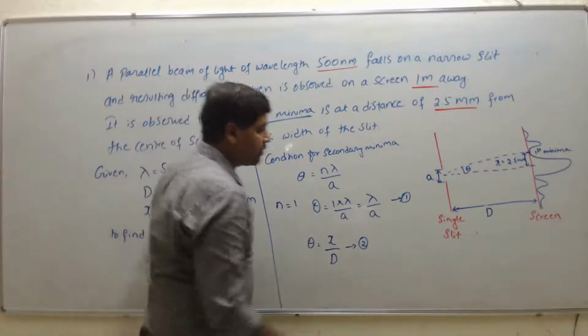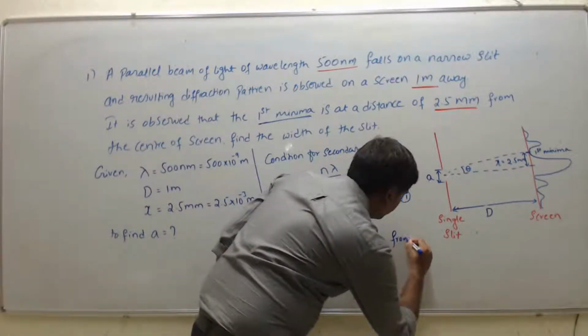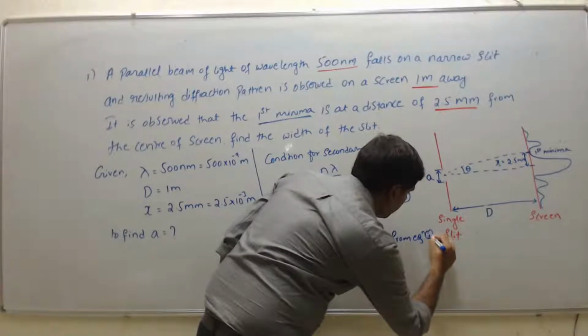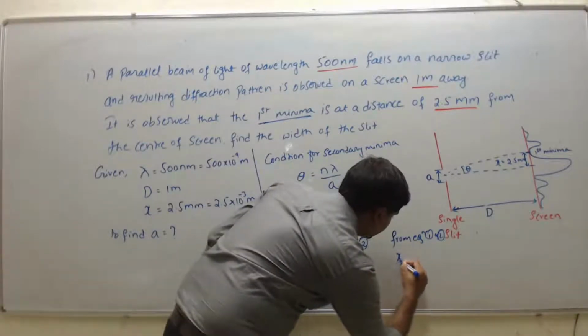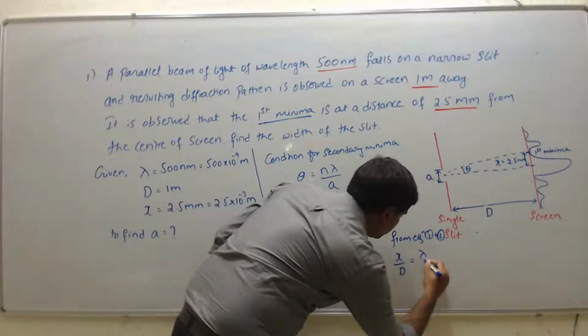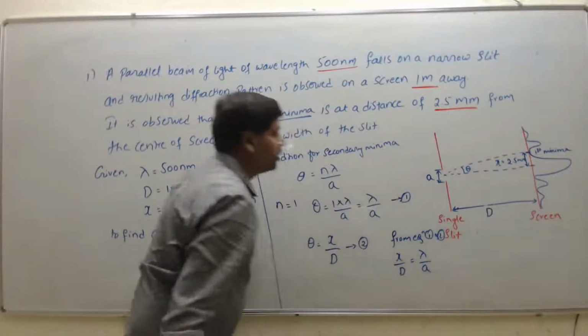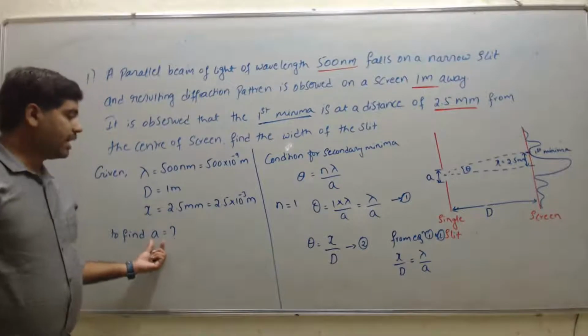So in these two equations 1 and 2, the LHS is the same. Then we can equate equations 1 and 2. So we can write x by D is equal to lambda divided by A. So here we are going to find the A value.